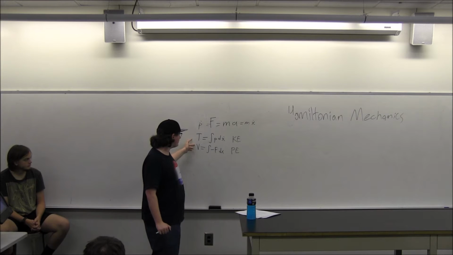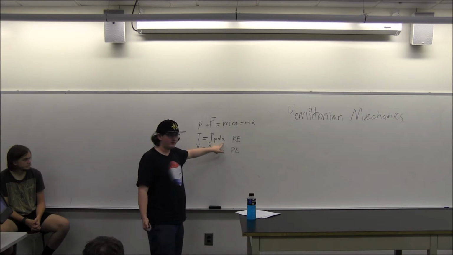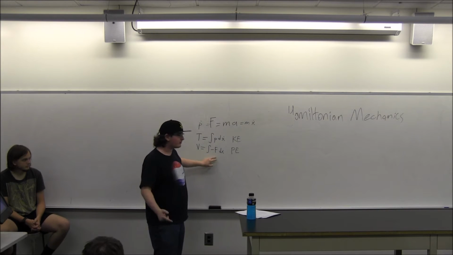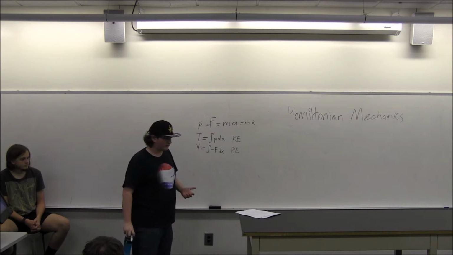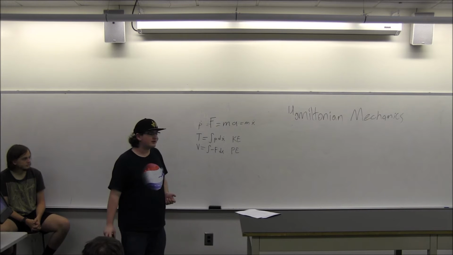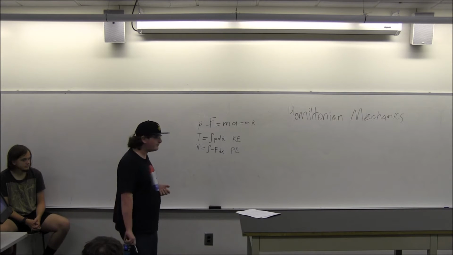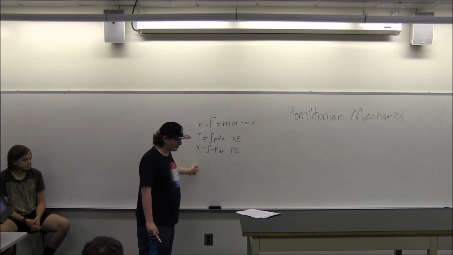These definitions would be true if I were to swap this out for angular momentum and angular velocity, your angular force, also known as the torque, and your angular position, more commonly just called your angle, or whatever generalized coordinates you want to come up with, because sometimes knowing how far in the x direction, how far in the y direction you are is not always the easiest way of solving a problem. So these would also work in general.